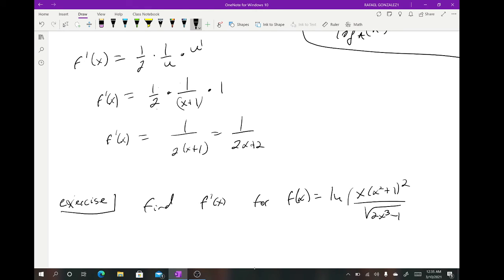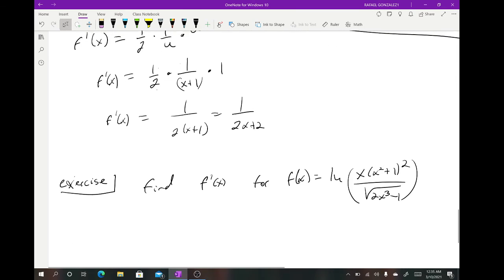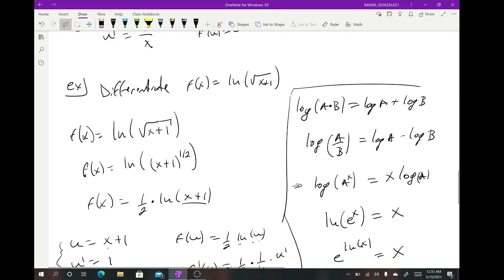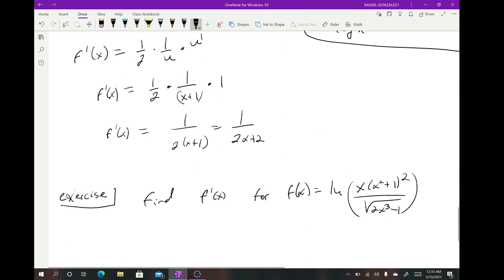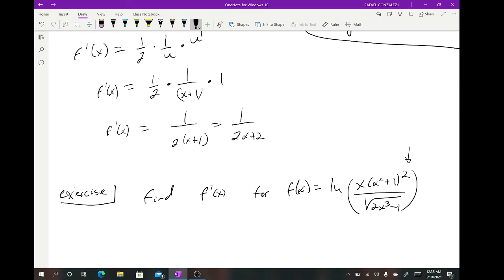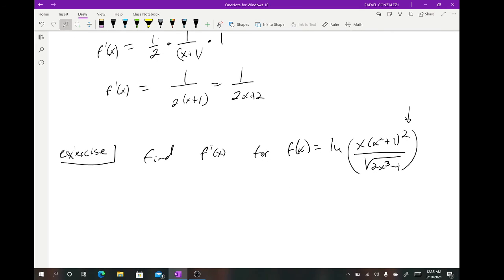This looks much more difficult than it is. If you apply the rules that are up here, you'll be in good hands. The hint that I will give you is to use the rules of addition, meaning of multiplication and division, first, before you try to get this exponent to the outside. That's the biggest hint that I could give you.